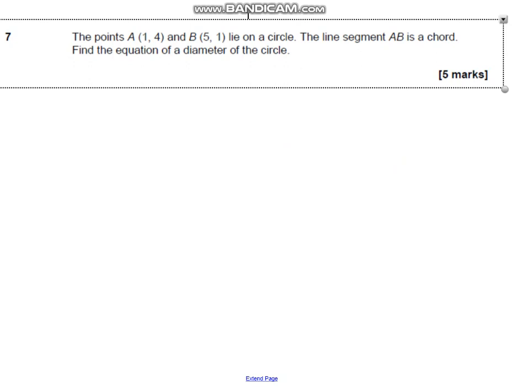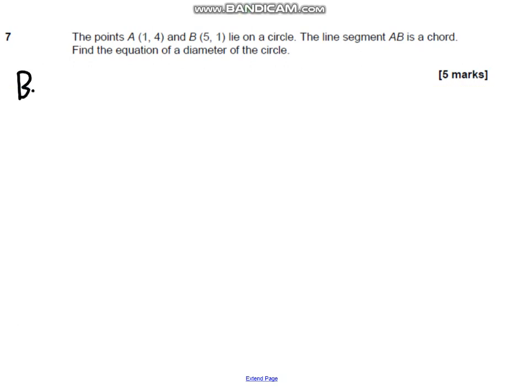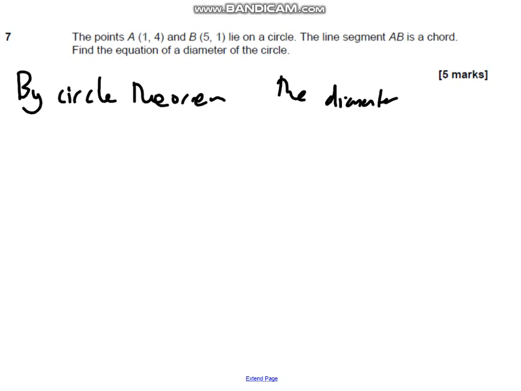Alright, okay, on we go now with question 7. So again, this is another circle theorem. The line segment is a chord, so by circle theorem, the diameter is the perpendicular bisector of the chord.